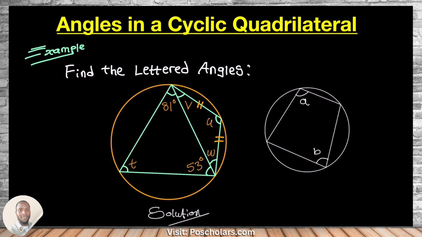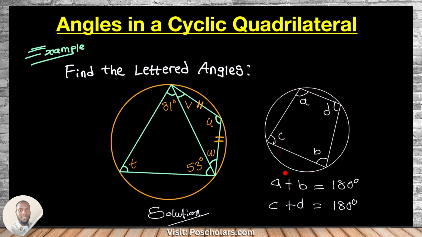So cyclic quadrilateral is saying A plus B must be equal to what? 180 degrees, provided the quadrilateral is inscribed in a circle. Next, if this angle is also C and this angle is D, right? Cyclic quadrilateral is also saying that C plus D must be equal to what? 180 degrees. So that's basically what cyclic quadrilateral is all about.